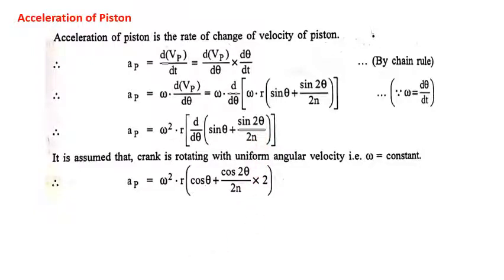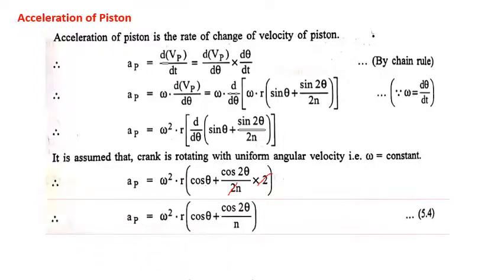Here the 2 and 2 get cancelled, and the remaining terms are: omega square into r times cos theta plus cos 2 theta by n. This is the acceleration equation if the crank is rotating with uniform angular velocity.